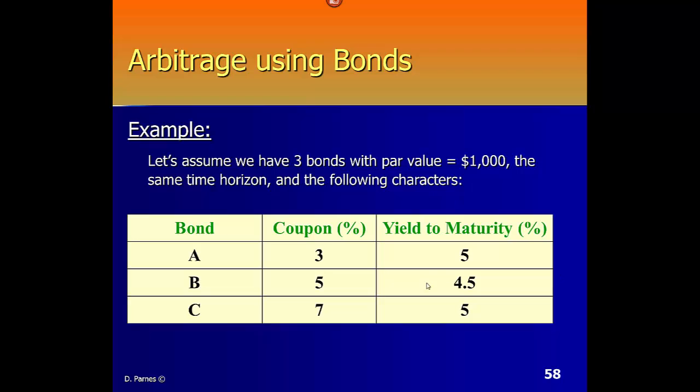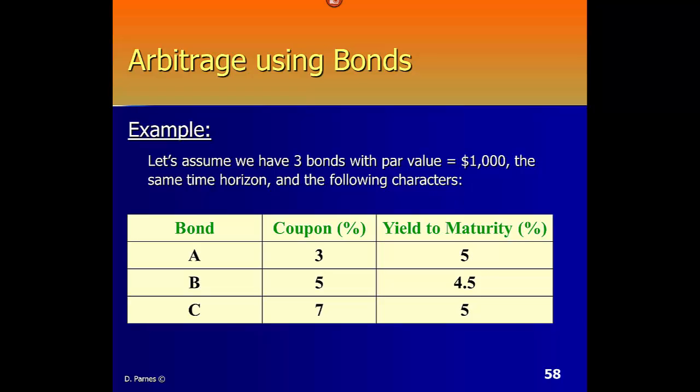It really doesn't matter if you invest 100% in bond A, 0% in bond C, 50% in bond A, 50% in bond C, 60, 40, 70, 30, 90, 10, 80, 20, whatever it is, all portfolios between bonds A and C will give the investor a 5% return, 5% yield to maturity, because both of them are 5% yield to maturity.